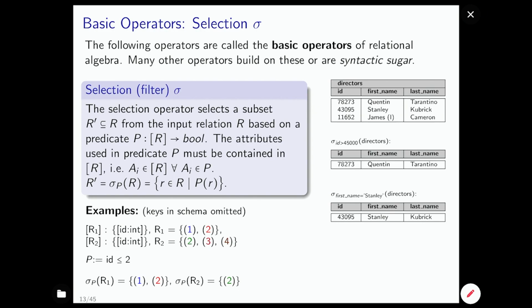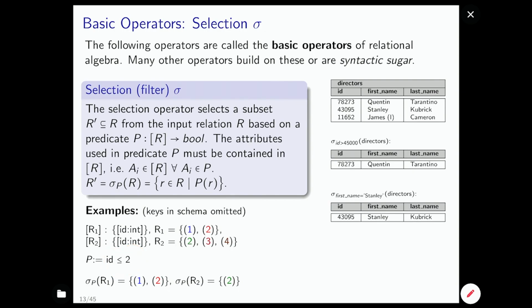Assume you have these two relations R1 and R2. R1 has these two tuples, R2 has these three tuples. We really have a schema only consisting of one attribute. That's fair. And then what we can define is a so-called predicate, or selection predicate. That's just a condition that must be phrased against the schema of the input.